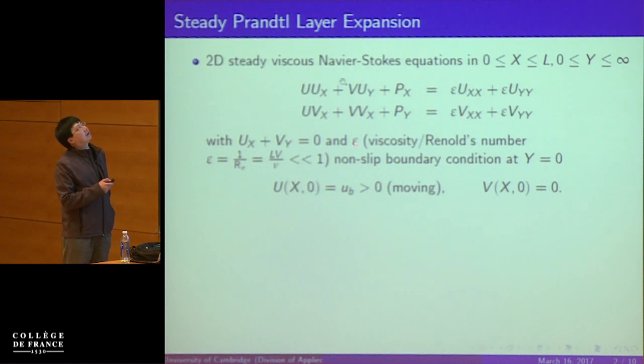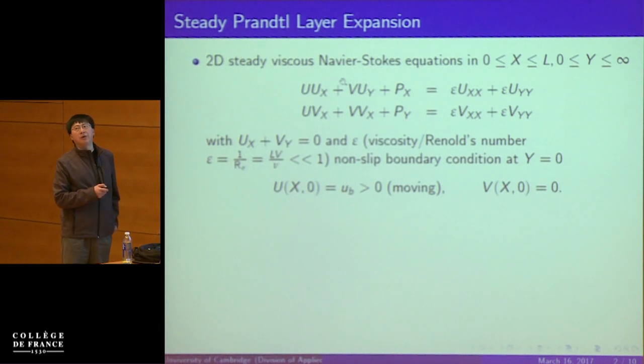So epsilon represents the so-called viscosity. In a more general context, this epsilon can also be viewed as the reciprocal of the so-called Reynolds number. But in any case, in our talk, we will treat epsilon as a small parameter, and we try to study the behavior when epsilon goes to 0. We will let it go to 0 in the end.